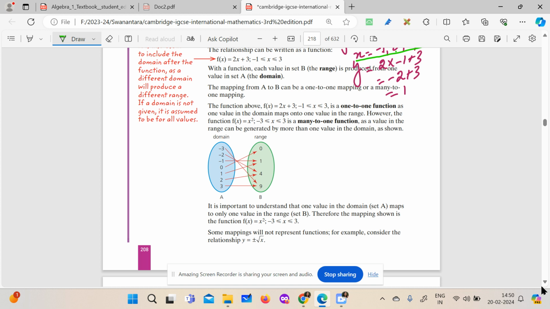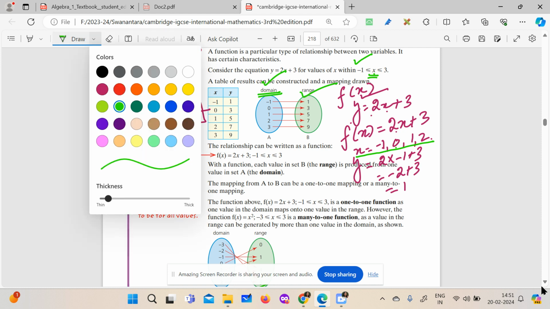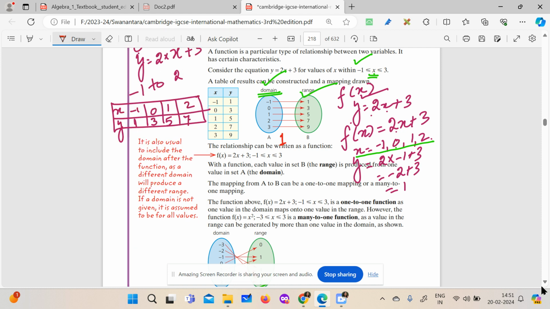For example, you can see here, this is your one to one function. You can mark it in your notebook. Why do we call it a one to one function? Because each value in the domain is mapped with one single value in the range.